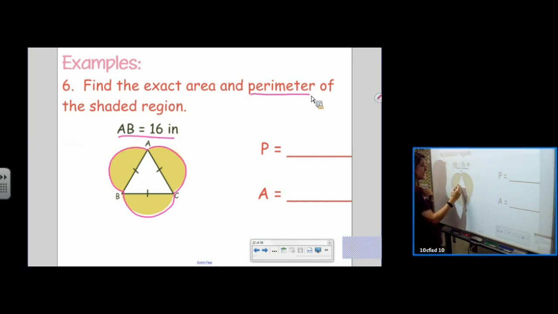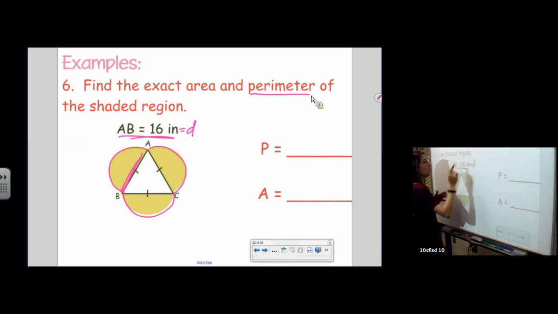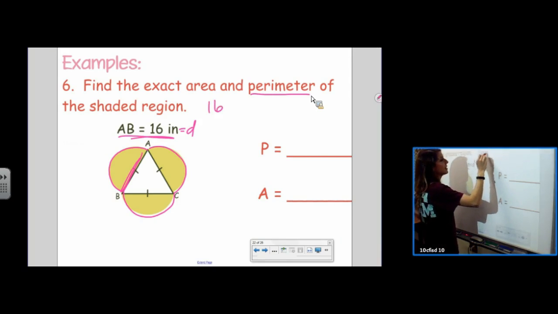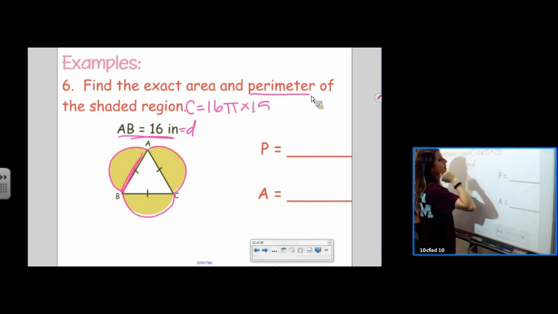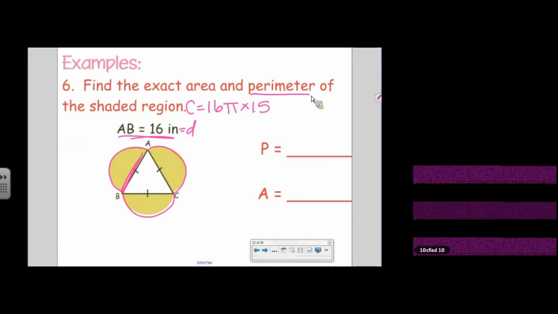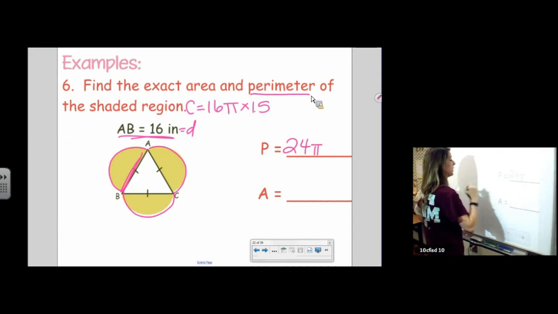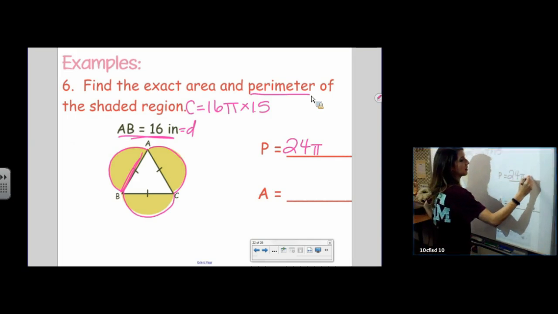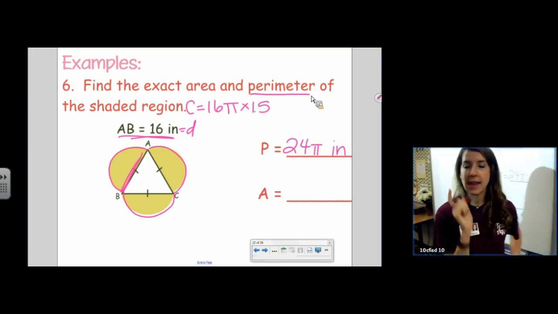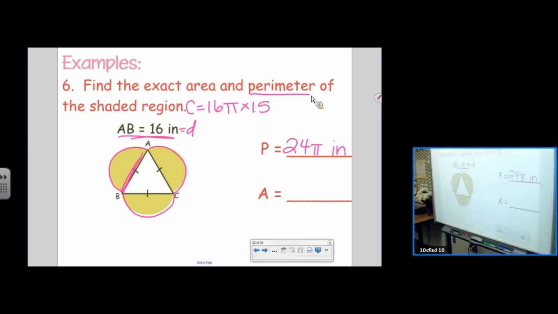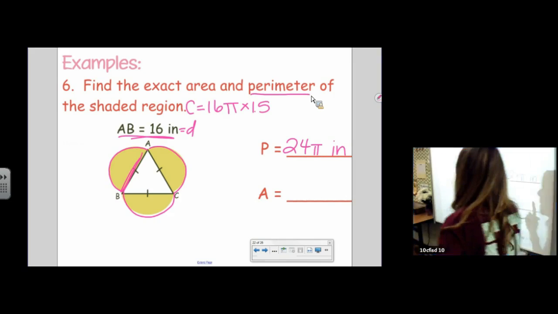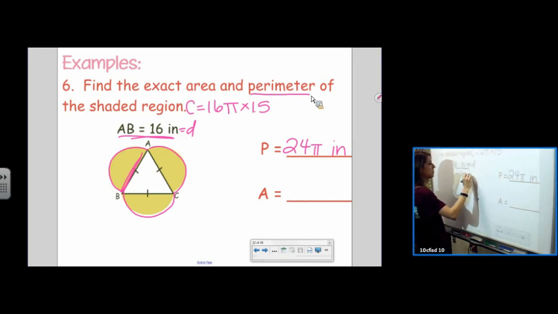Let's see, AB is 16. What is that? Oh, that's the diameter. So pi d, 16 pi, that's the circumference of one circle. But there's 1.5 circles. So 24 pi inches. Pi is not the units. All right. The area of the shaded region, well, let's see, the radius is 8.